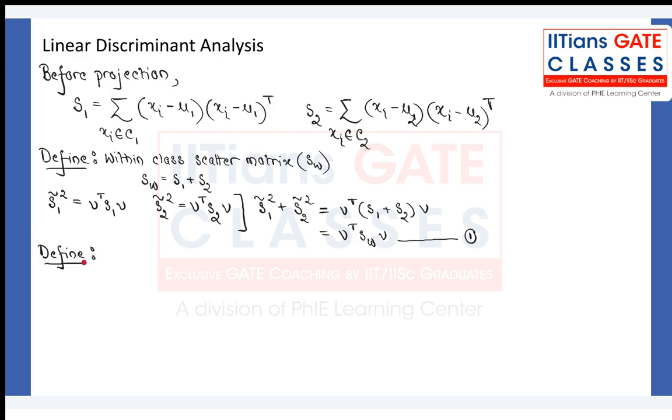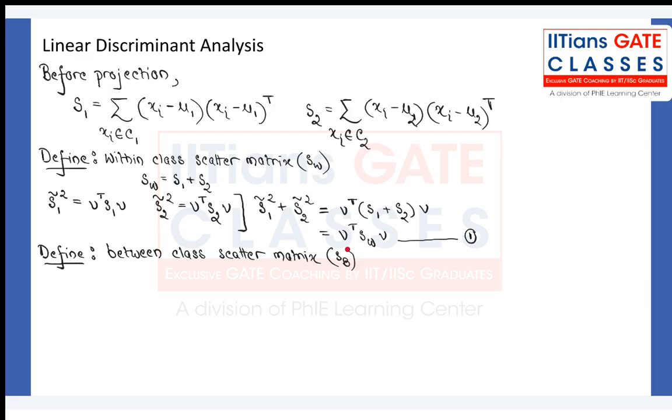Between class scatter matrix given by SB. Okay.